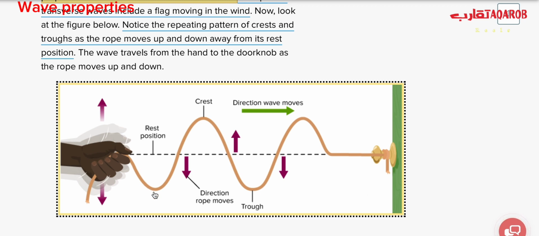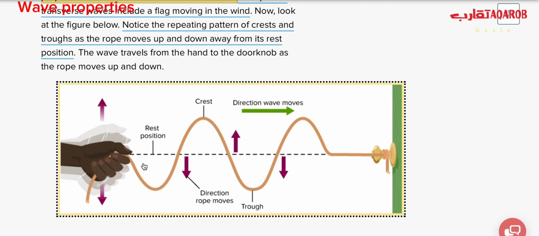It will have troughs at the bottom and crests at the top, and this is the rest position. What do we mean by the rest position? It is the position when the rope is not moving. So this is the rest position.